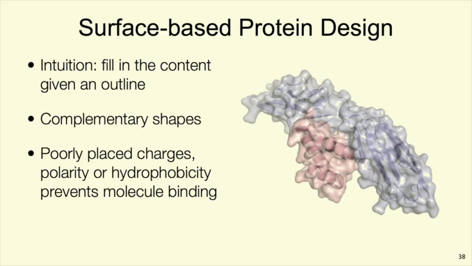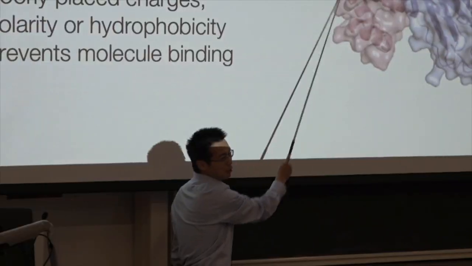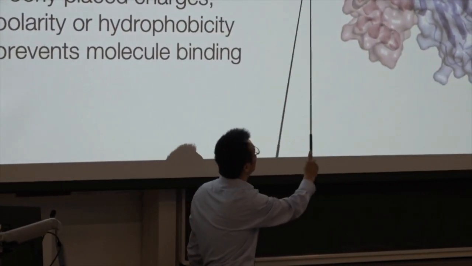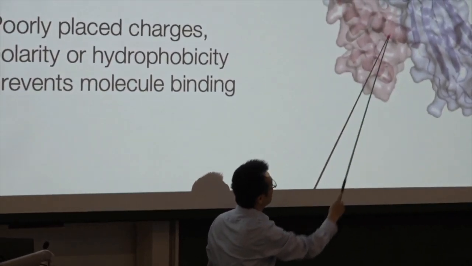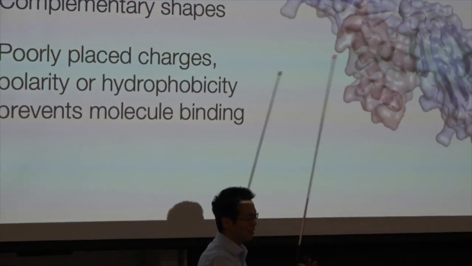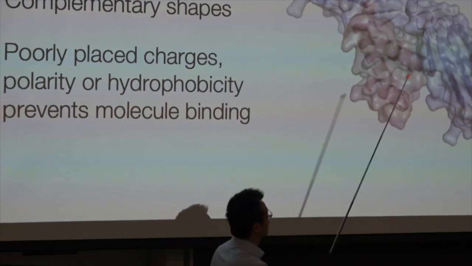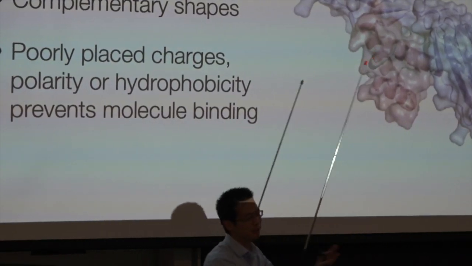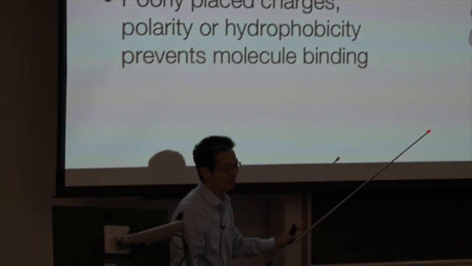If we want to design a protein that can bind to our target protein, we have a target protein here, and we want to design another molecule that can bind to this one. Their surfaces should match, right? Their geometric shapes should match. Then they can potentially be attached together.